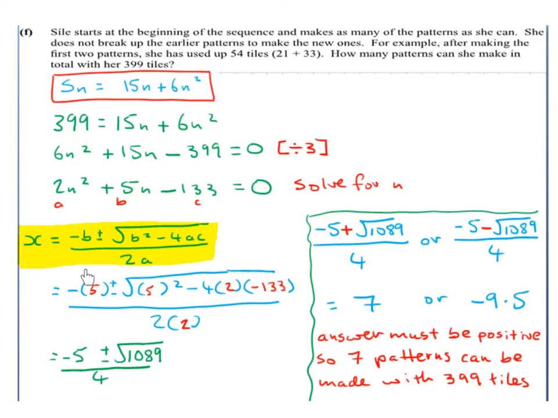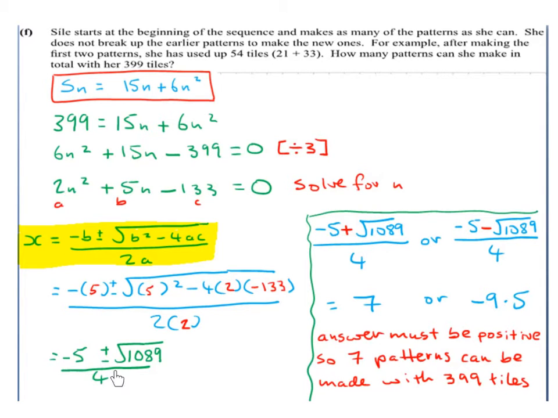So minus times 5 is minus 5. You bring down the plus minus. And then you have your square root, and everything that's under the square root can go into the calculator all in one go. It's no harm just to do the square root in another step. So we have 5 squared minus 4 times 2 times minus 133 gives us 1089. And that's all divided by 2 times 2, so divided by 4.